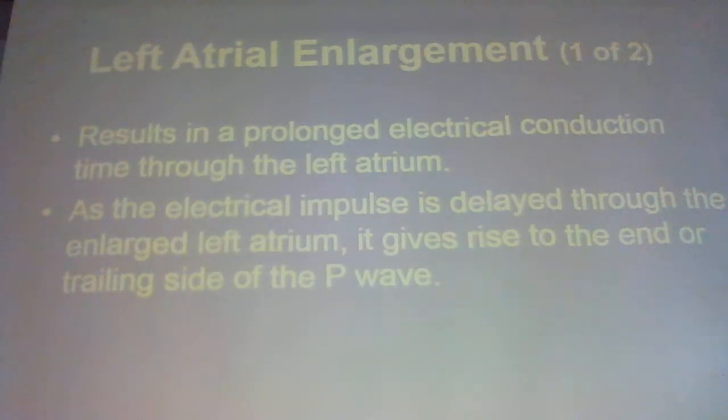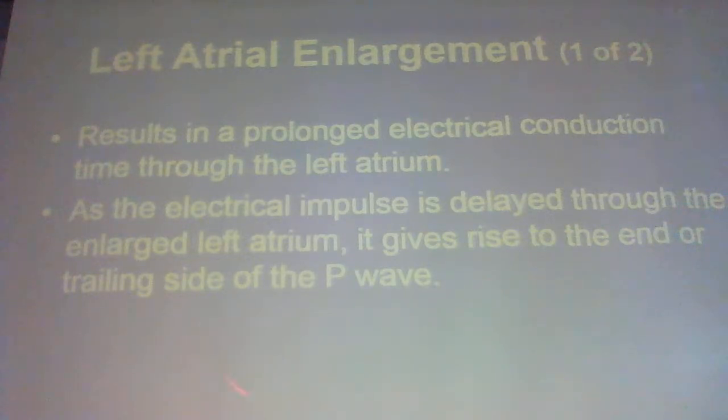So we get left atrial enlargement. And what does it say? It results in a prolonged electrical conduction time through the left atrium, gives rise to the end or the trailing side of the P wave. So that goes back to your P wave thing, right? Makes your P wave look different than round.